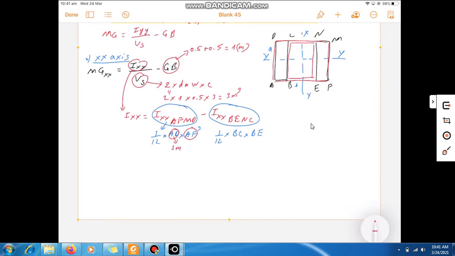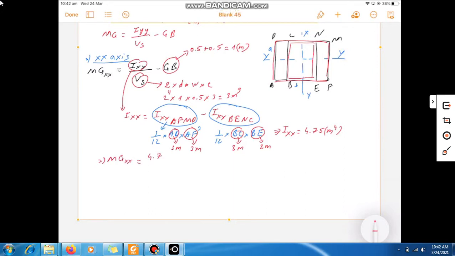A will be BC and B is BE. Okay, BE. With AD we have AD is 3 meter. AF will be equal to AB 0.5 plus BE 2 plus EF 0.5. So this one is 3 meter. Okay. BC is C 3 meter and BE 2 meter.